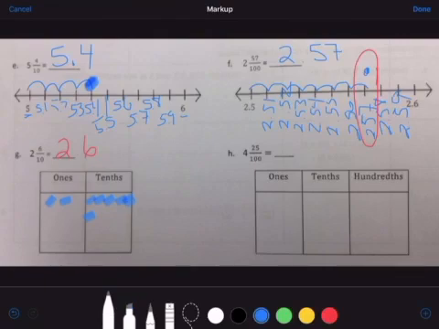Now let's do the same for H. 4 in the ones column, and then 0.25 would be our 25 hundredths. So that's going to look like this. Our ones column will have 1, 2, 3, 4. Our tenths column would have 2. Our hundredths column will have 1, 2, 3, 4, 5. That's number 1.